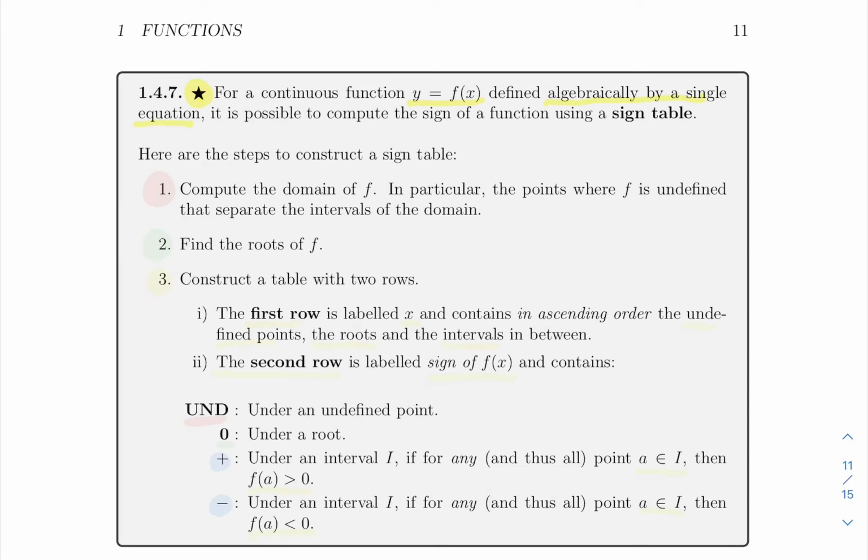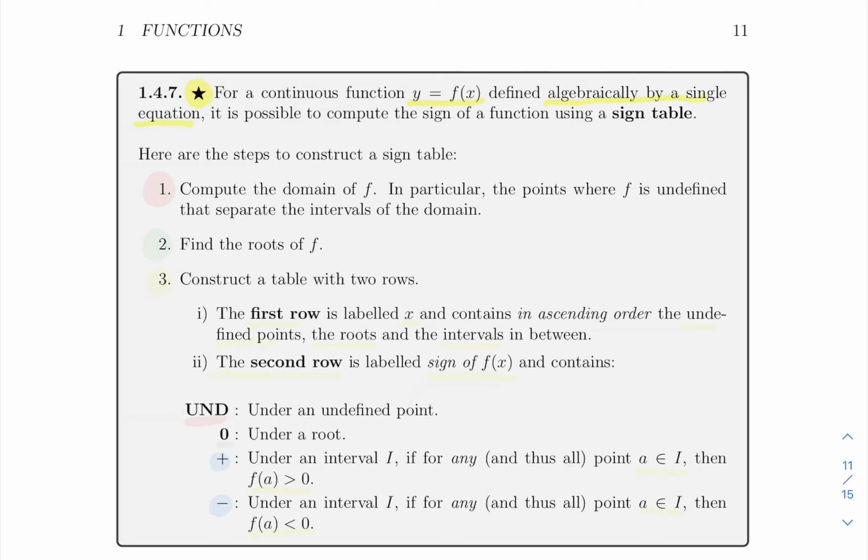So if you have a function that is defined by only one equation, and it contains only terms that you know very well, like rational functions, radical functions, algebraic functions, exponential, logarithmic, and trigonometric terms, then if you compute the domain, automatically you know where it's continuous. And the steps that I'm going to go over work for continuous functions only.